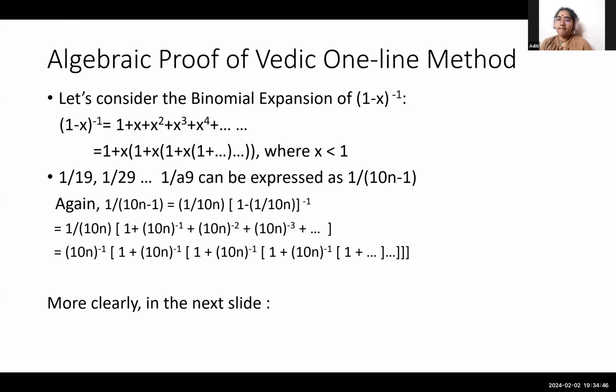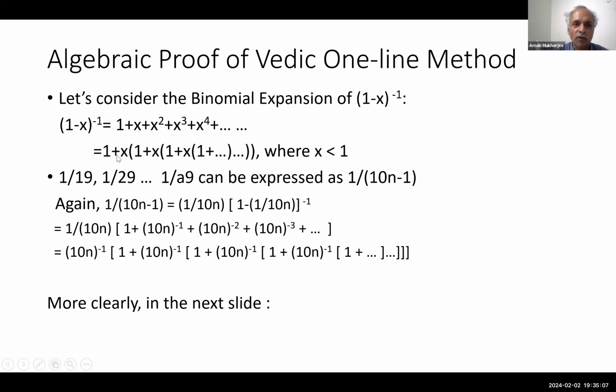But if x is less than 1 and greater than minus 1, it becomes this form: 1 plus x plus x squared plus x cubed plus x to the power 4 and so on.